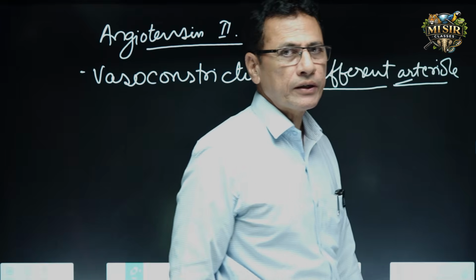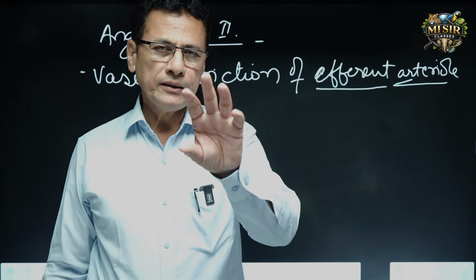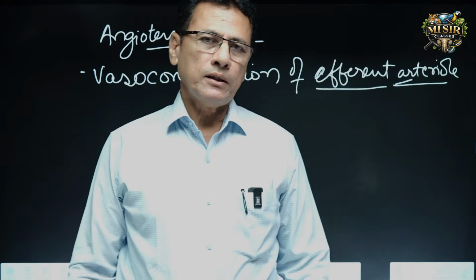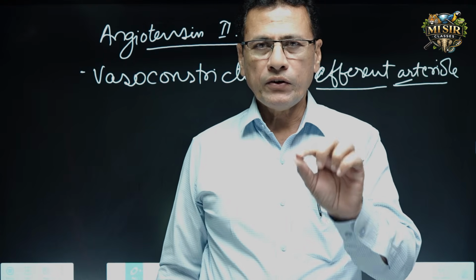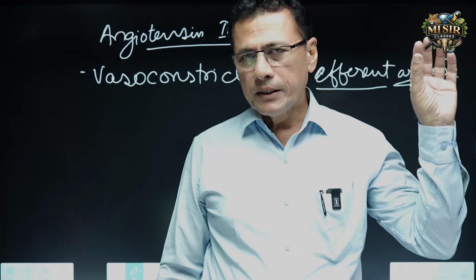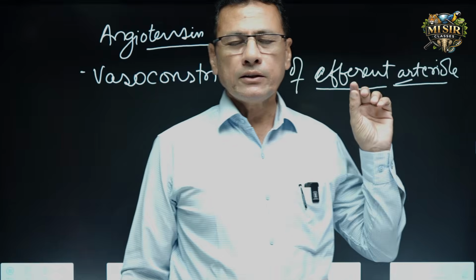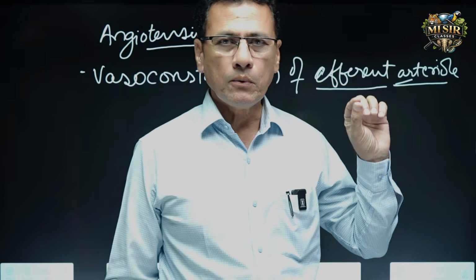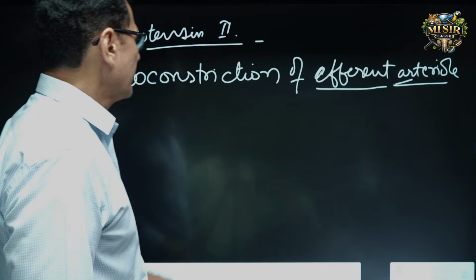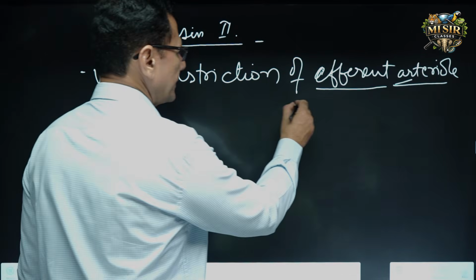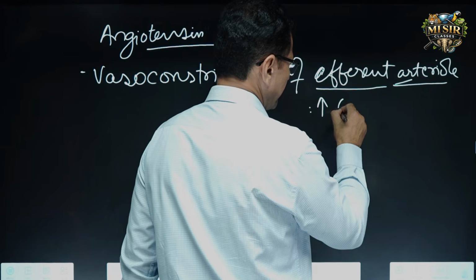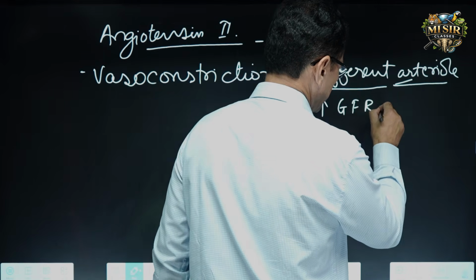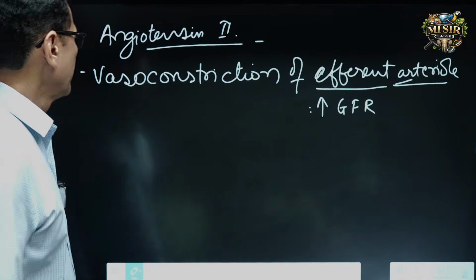Efferent arteriole, not afferent, because the moment you cause vasoconstriction of the afferent arteriole, there is a reduced blood supply. It causes constriction in the efferent arteriole, so that there is more time for blood to remain in the glomerular capillaries, and it increases GFR. This is the important function.